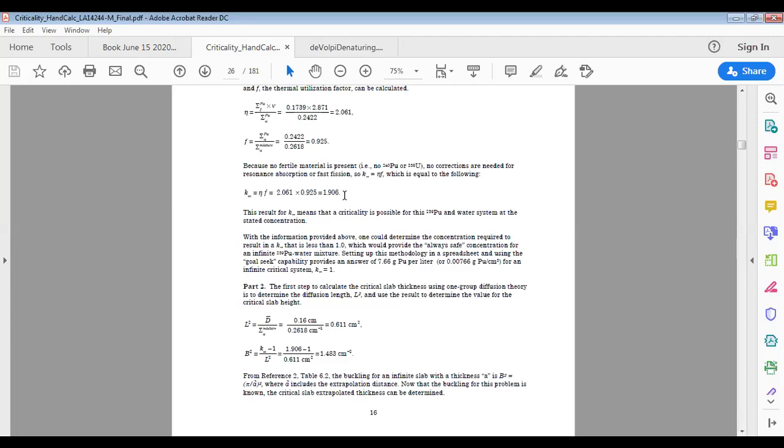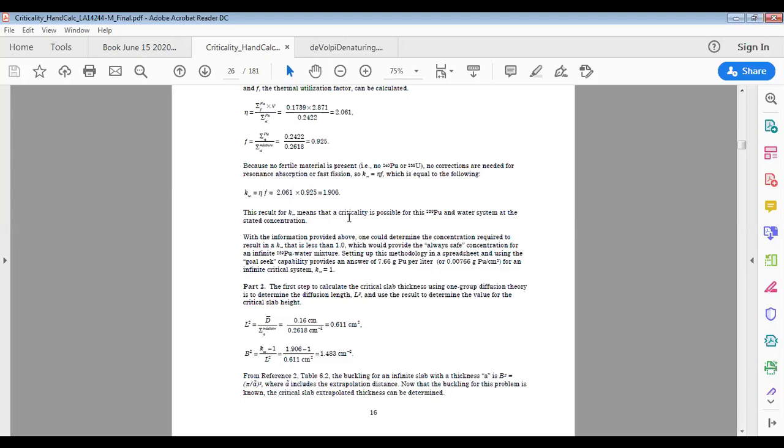So K infinity comes out to be 1.906, which is a good number, in the sense that when you multiply this by the leakage probabilities at fast and thermal, you're supposed to get 1. So what you need to do is to find that system whose leakages, when multiplied by the K infinity, would give you a K effective of 1.